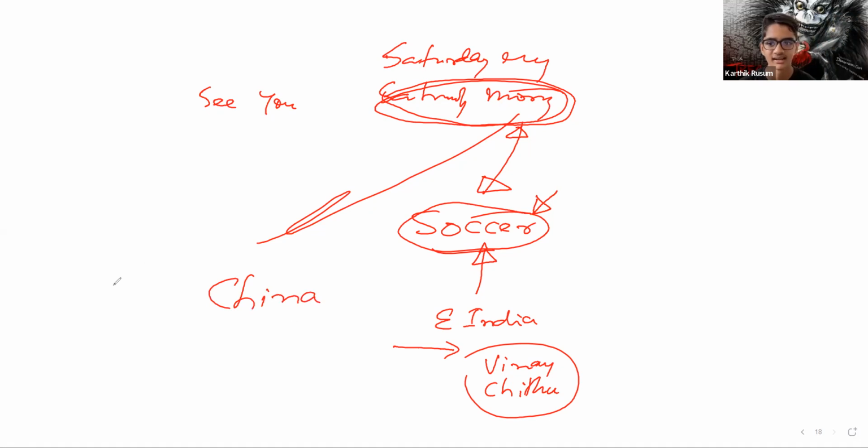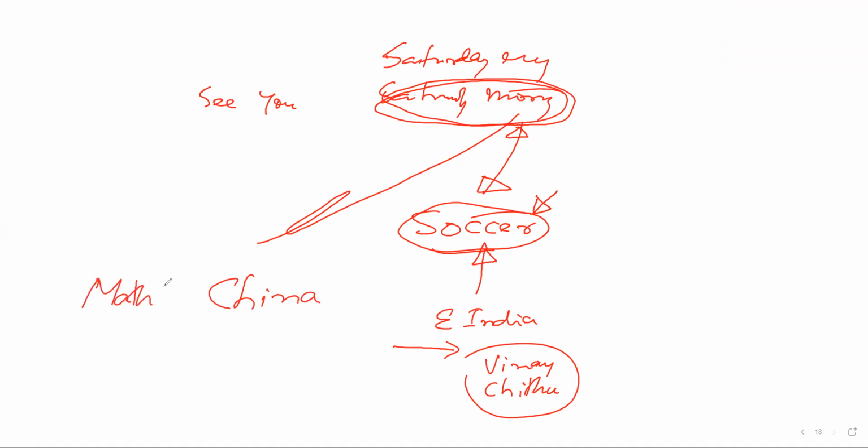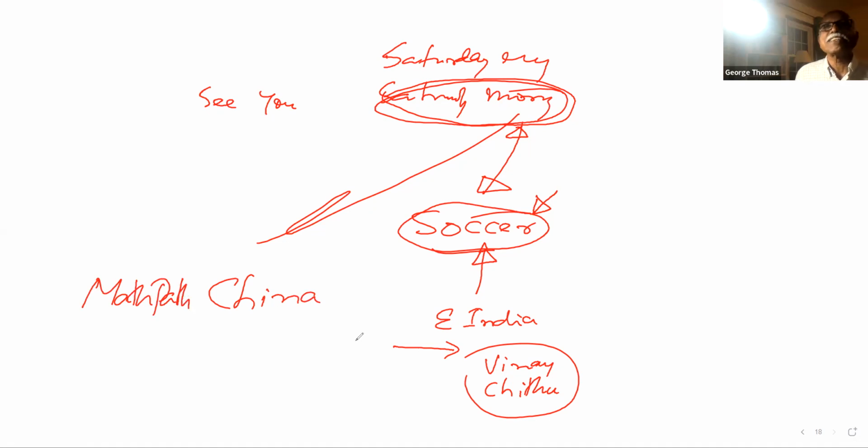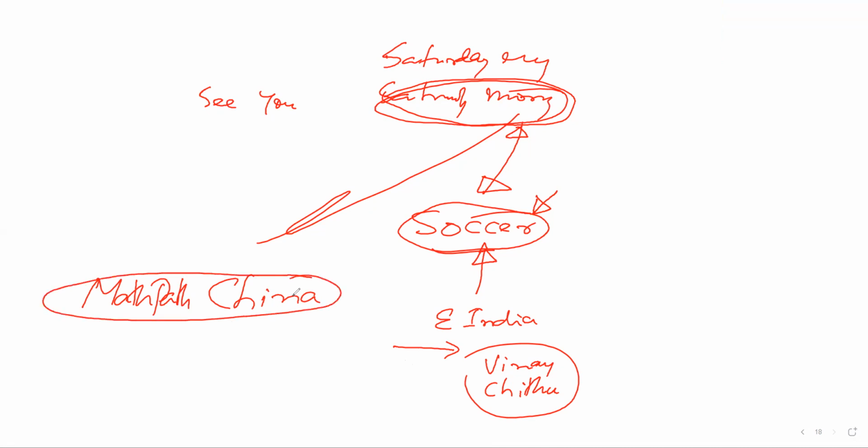There is a math path in China, very strong. It is about 5 years old, and I go there every year, and I give speeches to a lot of Chinese people assembled, and I tell them that we Indians, we really love you.